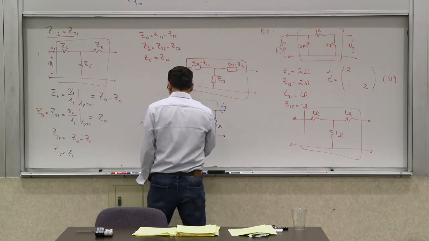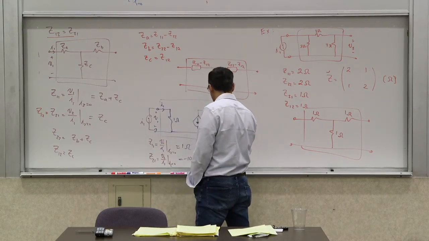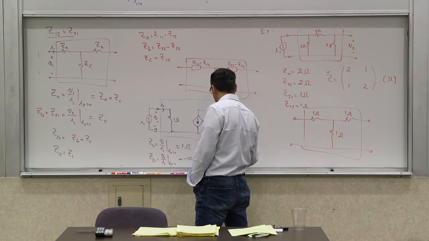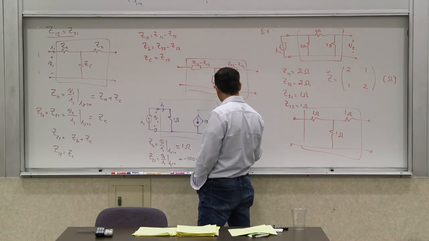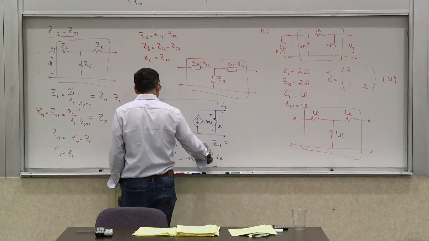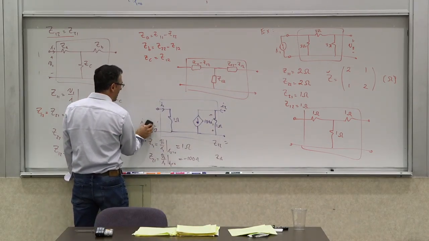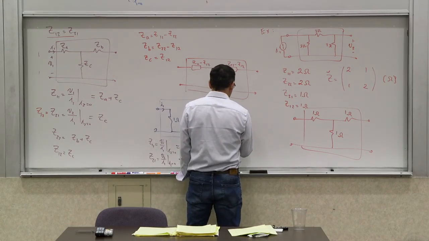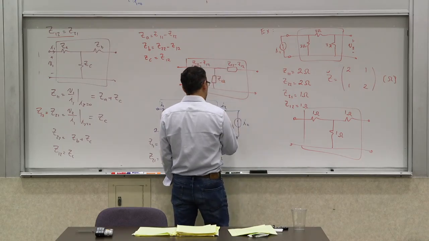Now we've determined Z11 and Z21. So let's now determine Z22 and Z12. For these, you need to apply a current of I2 and then measure V2.